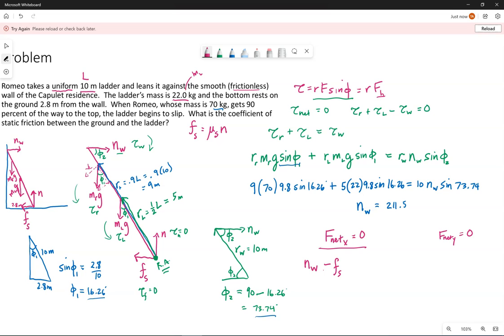Those are the only forces in the x direction, so they must add up to be 0, meaning our force of static friction has to equal this force we just calculated that the wall is exerting.